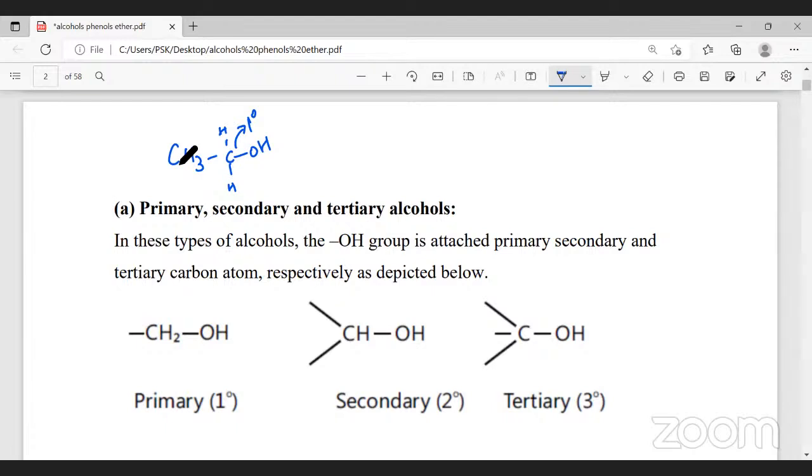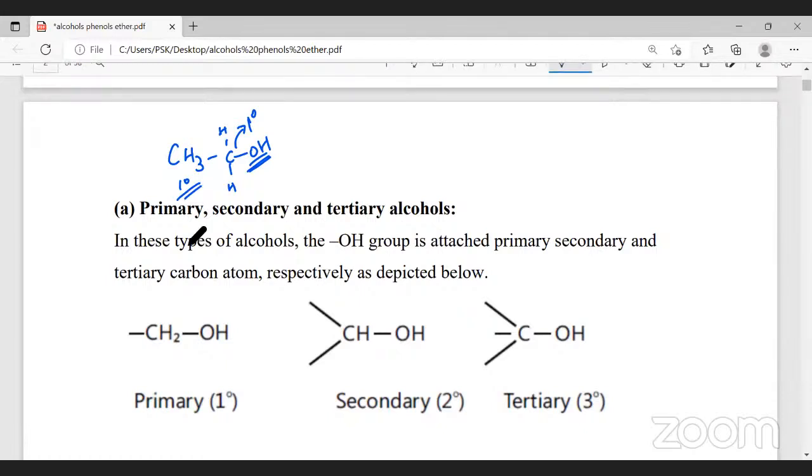A carbon bonded to only one more carbon is called a primary carbon atom. This primary carbon atom contains an alcohol group. Therefore, ethanol is an example for primary alcohol. A primary carbon atom will contain 2 hydrogens. Remember, a primary carbon atom will contain 2 hydrogens.